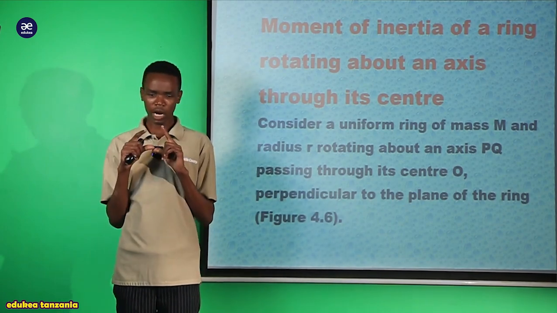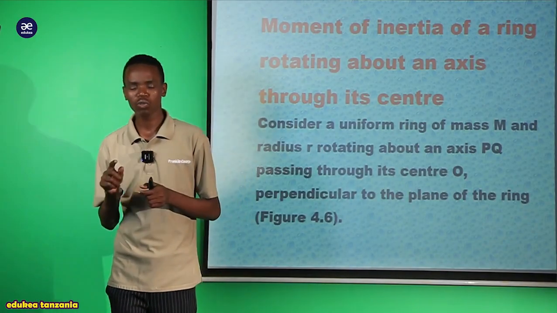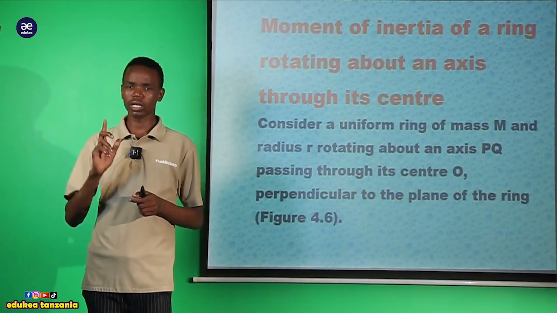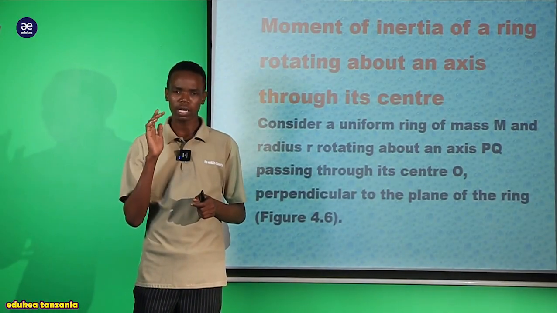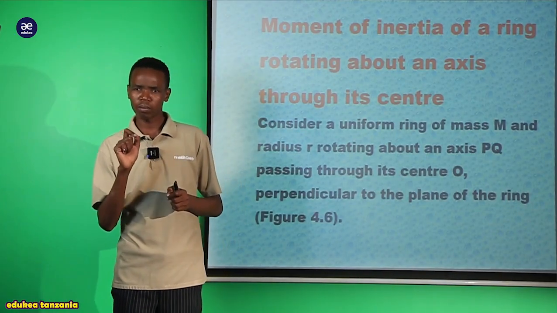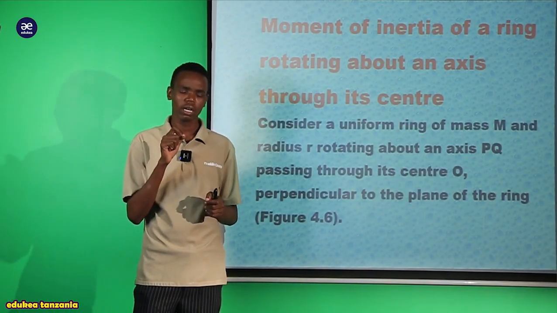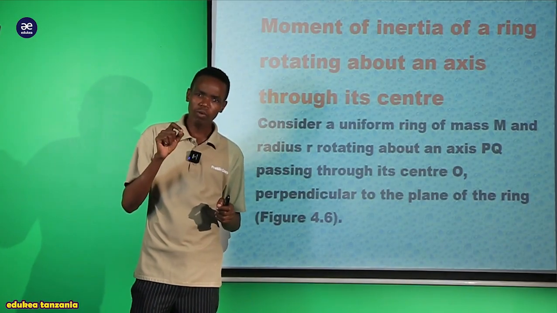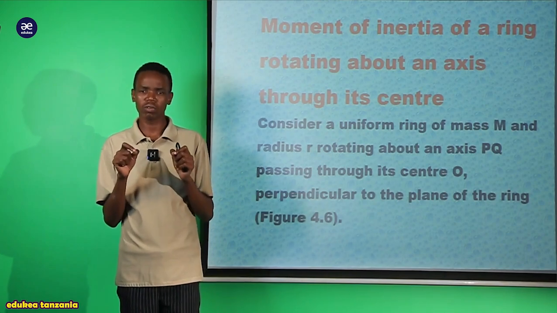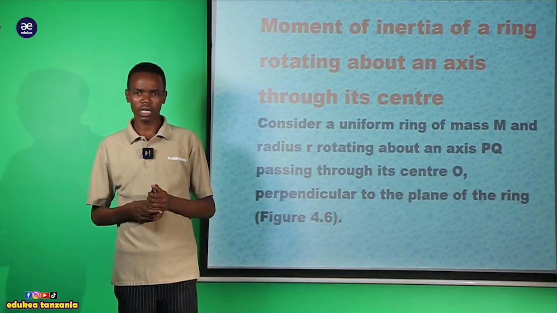Imagine we have the uniform ring, and that uniform ring, my dear student, rotates about an axis through the center. It contains the distance from the center to any point where the particles are located inside the ring. It forms the distance, the radius, and it also contains the mass of the ring. That is what we try to observe.